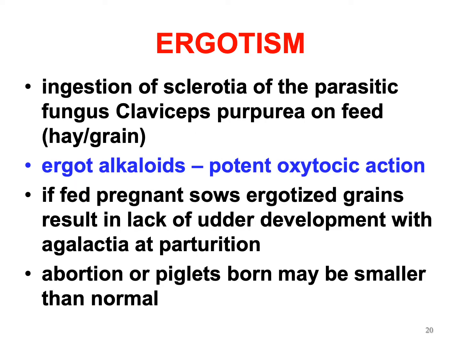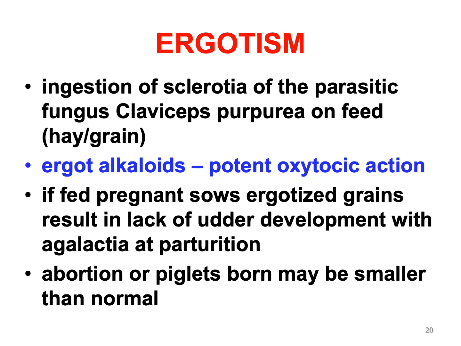So the first, maybe the classical form, is the ergotism, which is an intoxication after ingestion of sclerotia of the parasitic fungi Claviceps purpurea, which grow on feed, mostly on grain, but also on hay. They produce ergot alkaloids, which have a potent oxytocic-like action.